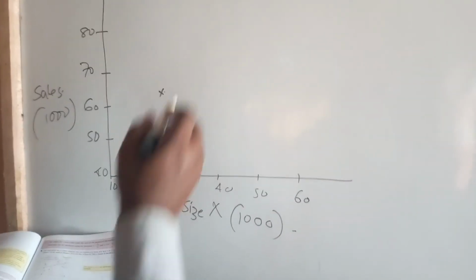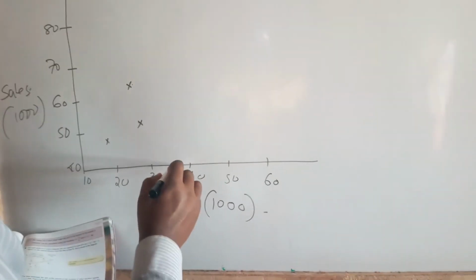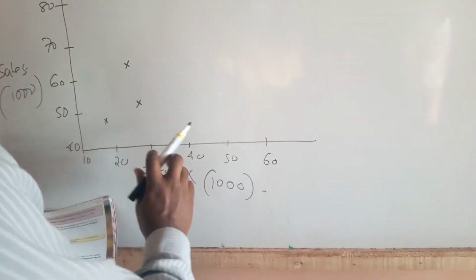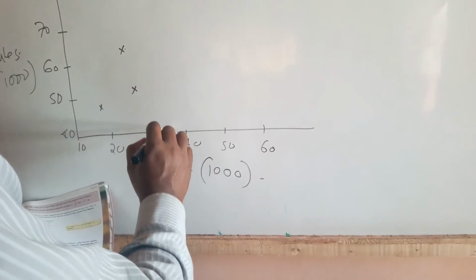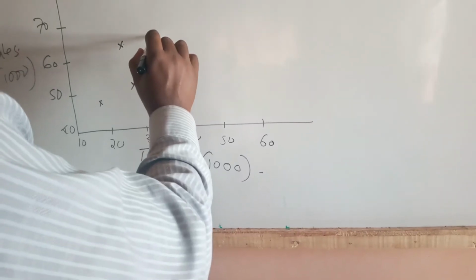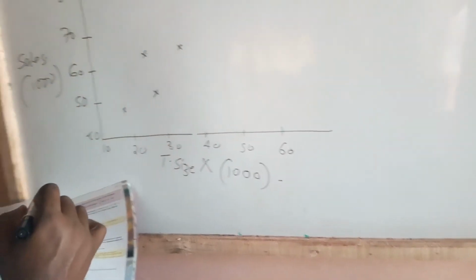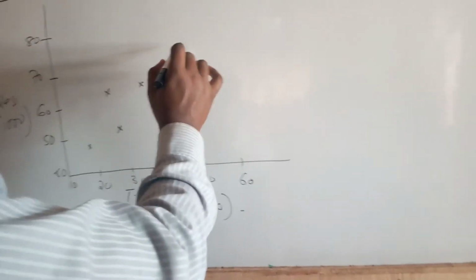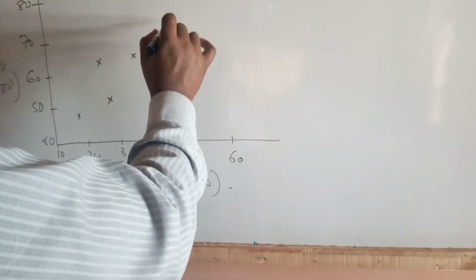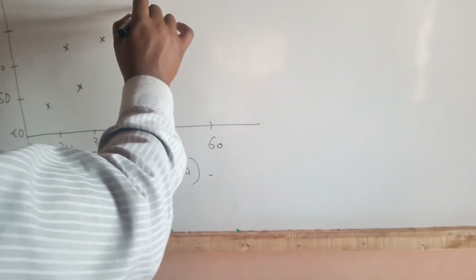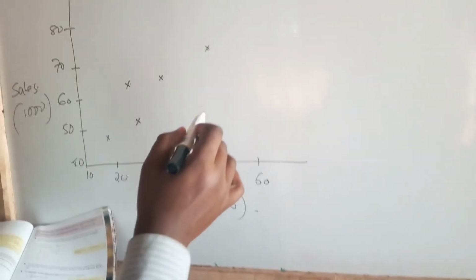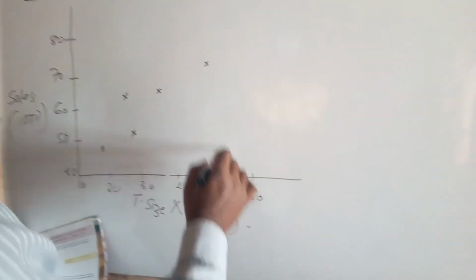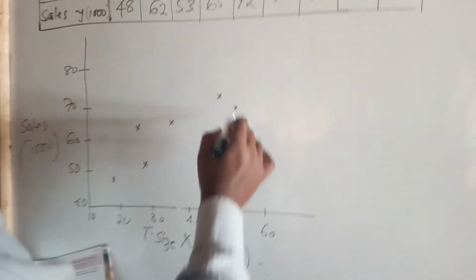This is 26 and 62. The other one is 36 and 65, around there. We can talk about that point. The other one is 48 and 72, all the way up to around there. The other one could be 52 and 70.